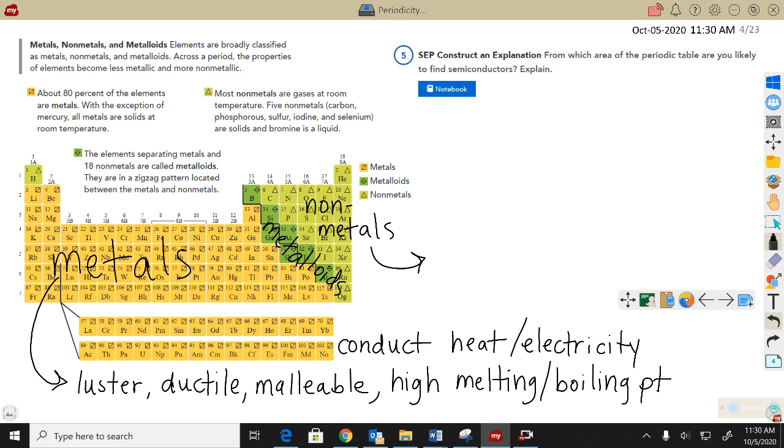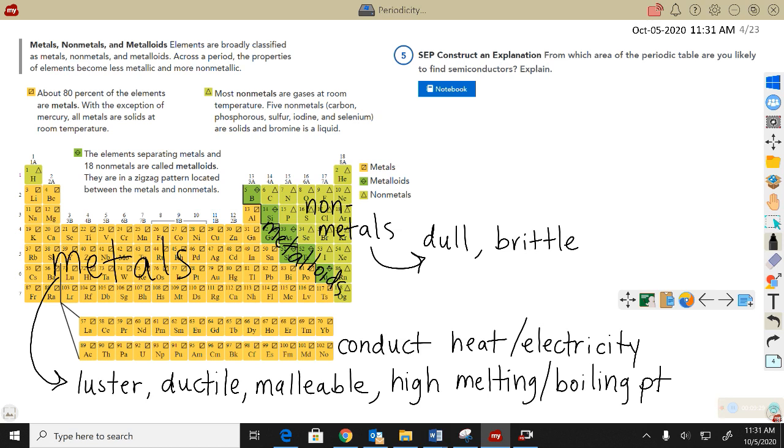In general, nonmetals are not shiny. They're pretty dull. They're not ductile or malleable. We often say they're brittle. You can scratch them with your fingernail. Think about a piece of charcoal. Charcoal is carbon. You can scratch it, but if you pound it with a hammer, it's just going to crumble.